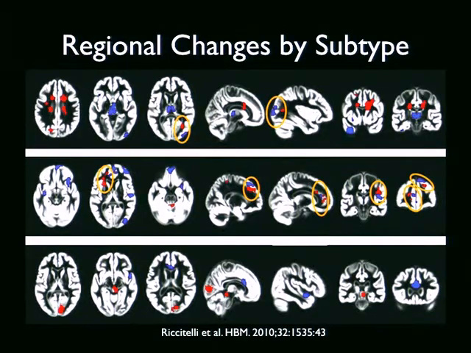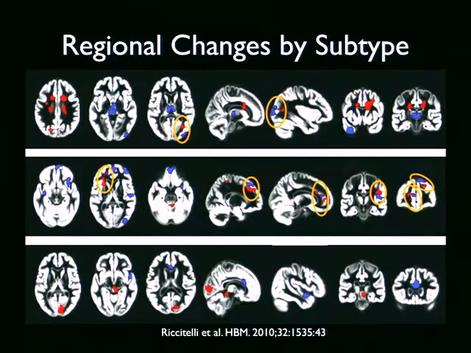And I think an important finding in this particular study was that in the areas that are circled, these scans looked at differences between MS patients that were cognitively impaired and those that were cognitively preserved.